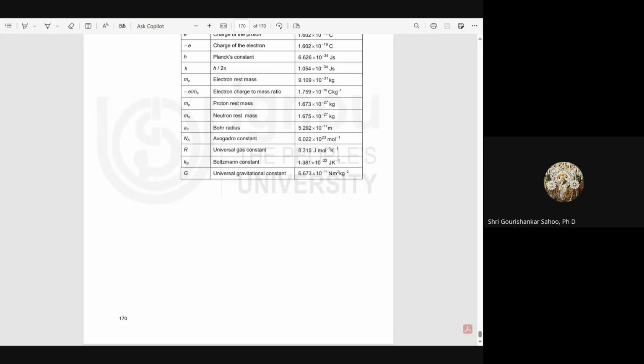Then Hermitian operator for a physical observable. This is very much important. In the first class, I explained the eigenfunctions and eigenvalues. When an operator is operated upon an eigenfunction, it will give the eigenvalue multiplied by that eigenfunction. So eigenvalue is nothing but the value of that observable for the particle.